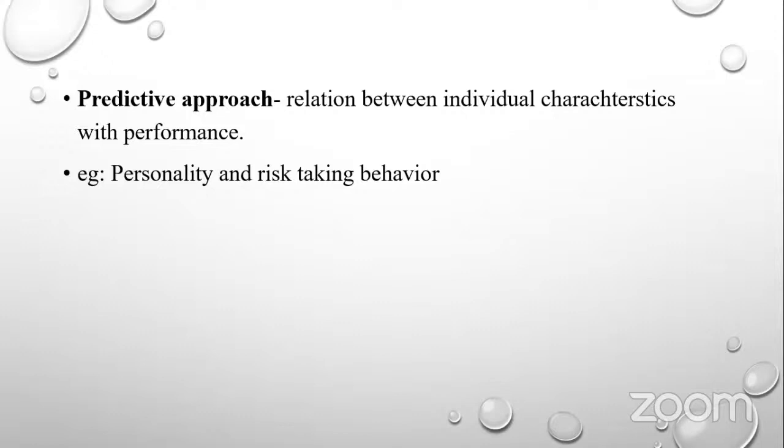So I will be explaining with a simple example, that is, just consider the Ukraine war, and there are two leaders. One will be Putin and one will be Zelensky.